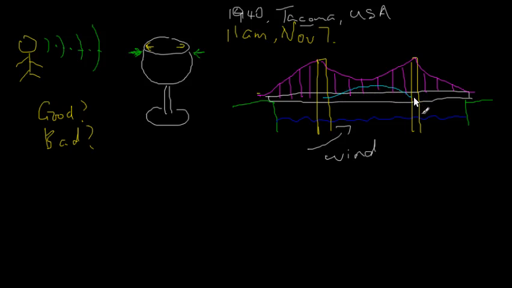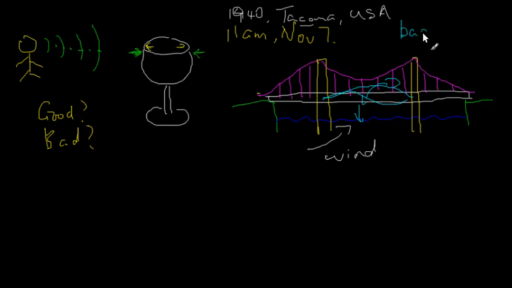It starts going up and down, and it twists left and it twists right, and the motion gets bigger and bigger until in the end the whole of this middle span collapsed and fell to the bottom of the river.